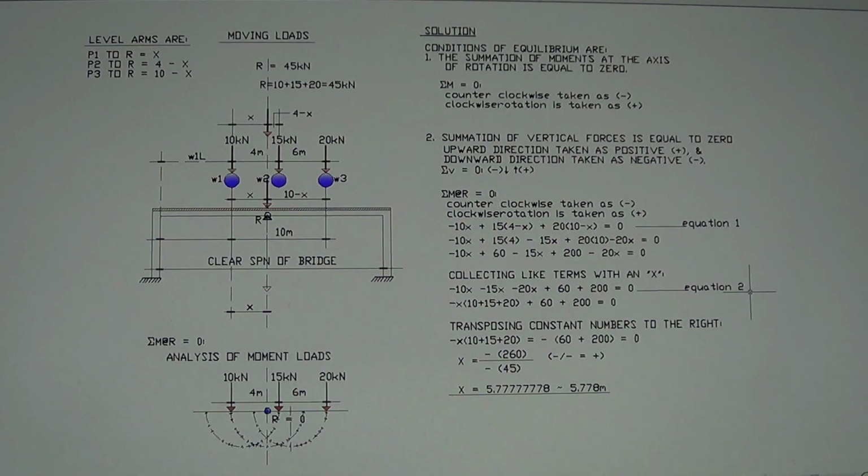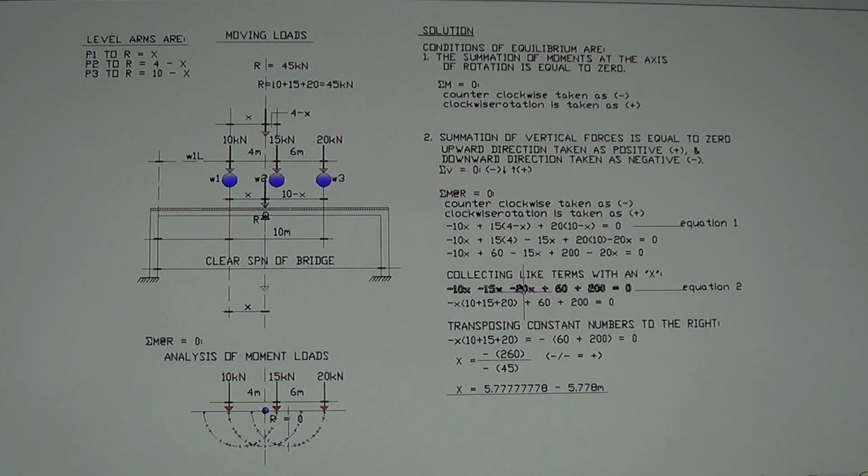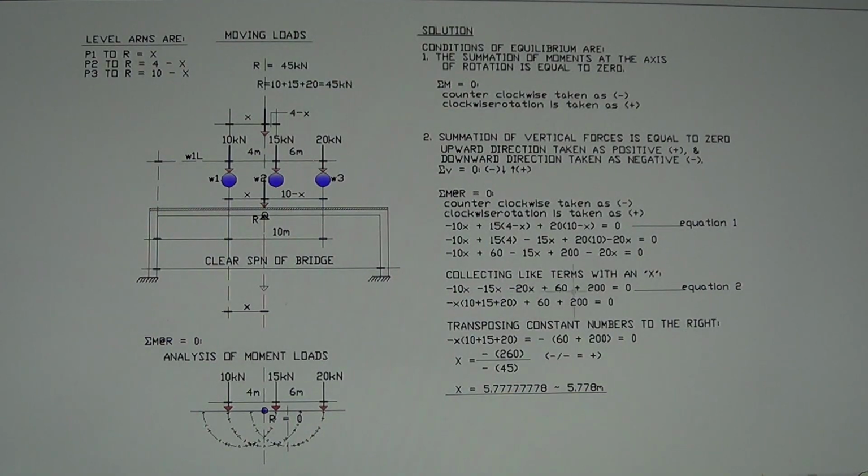That's equation 2. With this equation 2 or equation 1, once you find the value of x, you substitute this value and see if, with the x value here, that will equal 0, then the value of x is correct. This is where you check if x is correct.